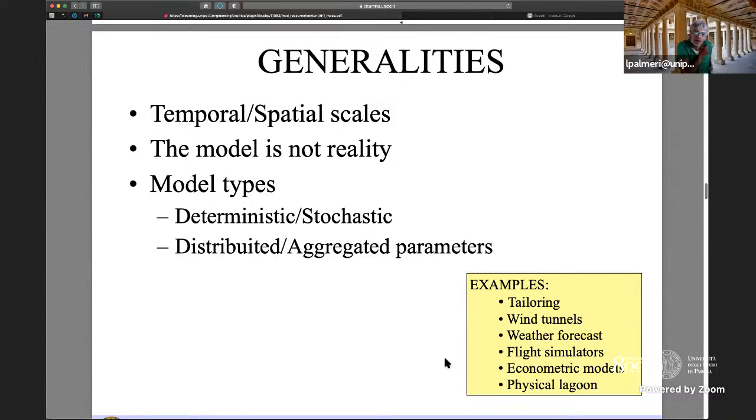The other very important point that the ecological modeler has to keep always in mind is that the model is not the reality. Of course, you will say, oh, very good, how interesting.